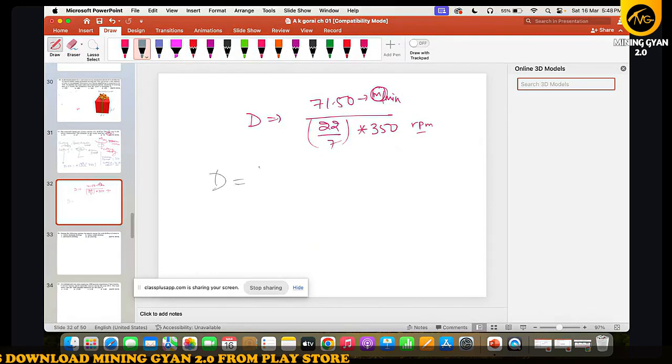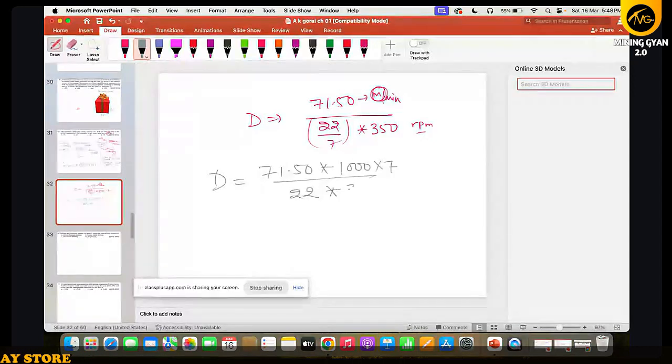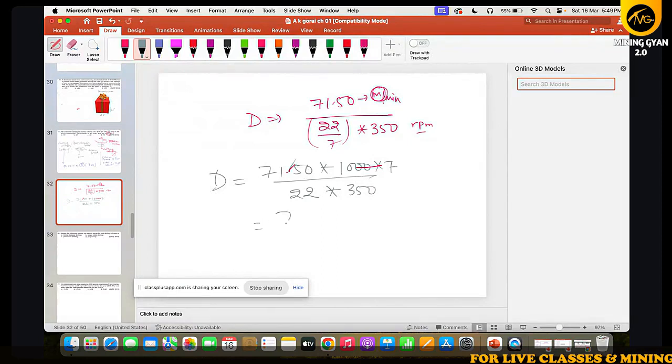So we will solve it. 71.50 multiplied by 1000, divided by 22 multiplied by 7, 350. So this cut will be 220. Now, what value will this come to? 7150 multiplied by 7 by 22, 35.